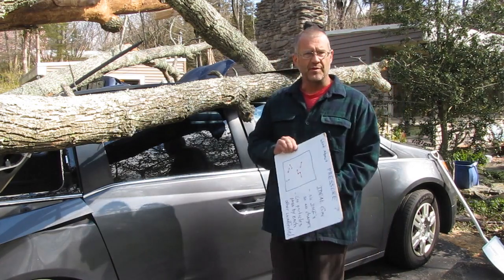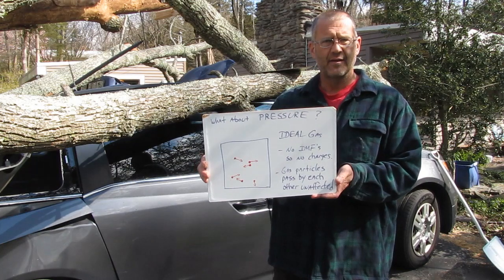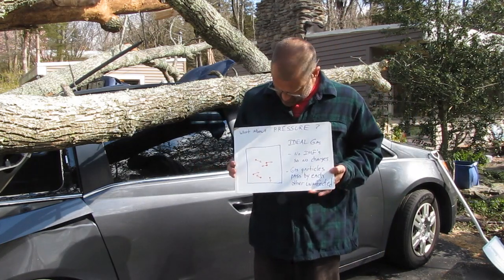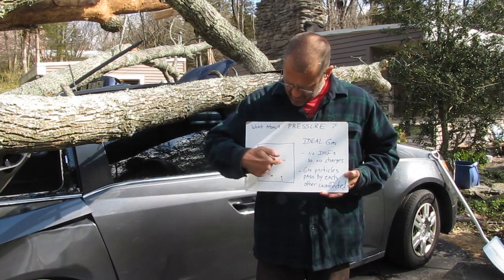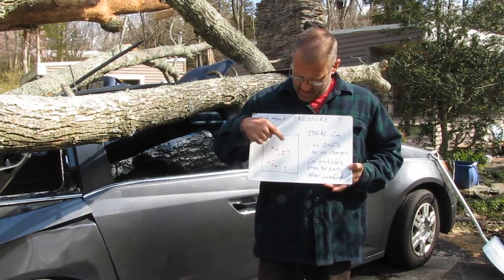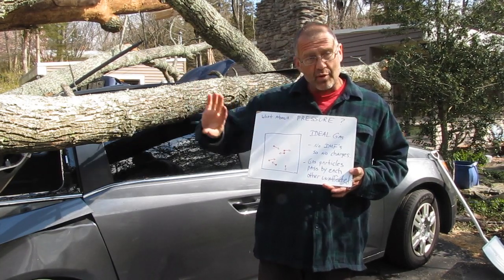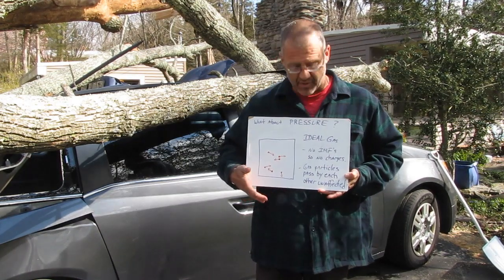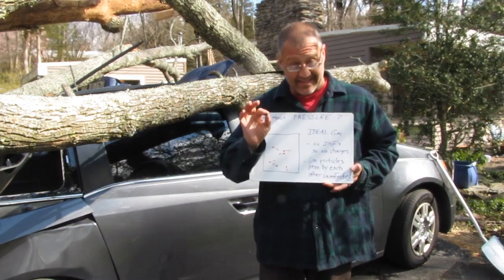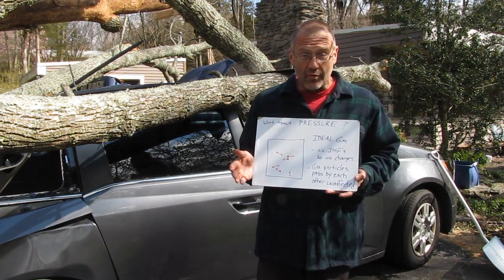Now, what about pressure? Okay, the pressure effect. With an ideal gas, the particles move around, they hit the wall of the container, they push outwards, their energy helps to push outwards against the wall of the container, and that's what makes pressure. What we're saying with an ideal gas is there's no intermolecular forces, which we know is totally untrue, right?